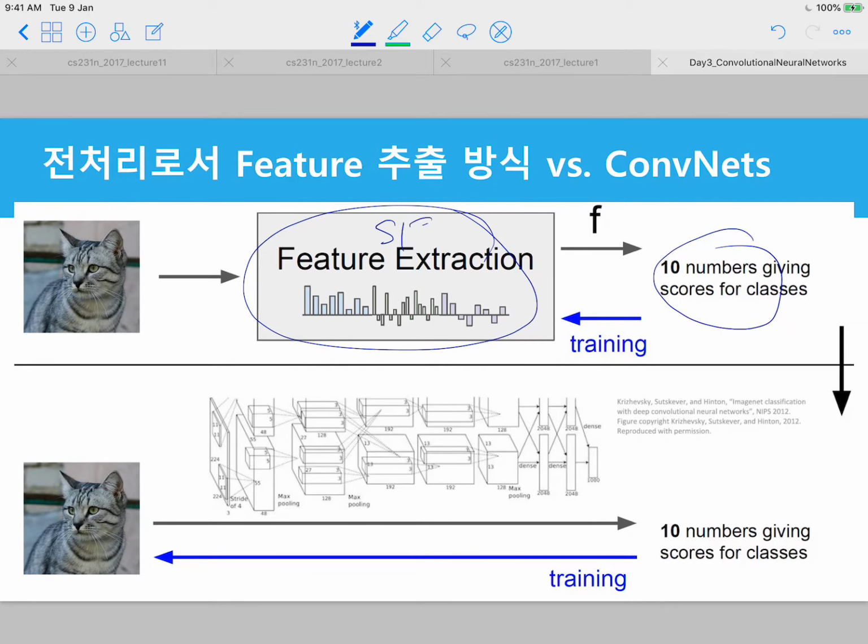It is called SIFT. So we just extracted the feature vector as a histogram of these gradient directions by using this SIFT algorithm. But what if this SIFT may not be optimally designed for our own specific task, right?